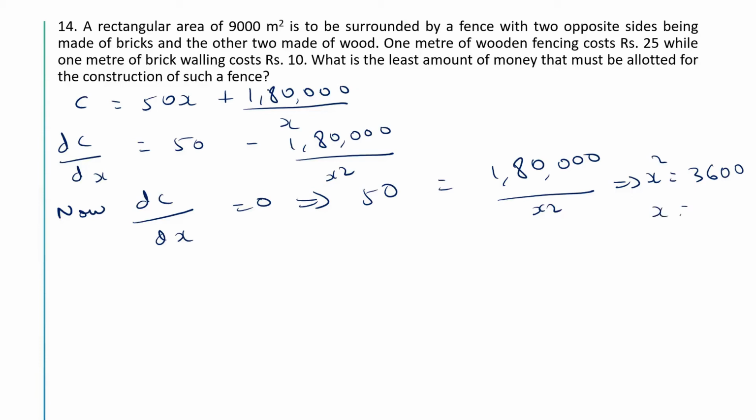So x is equal to plus or minus 60. We cannot take minus 60 because we have taken x as a side of a rectangle. So x is equal to plus 60.